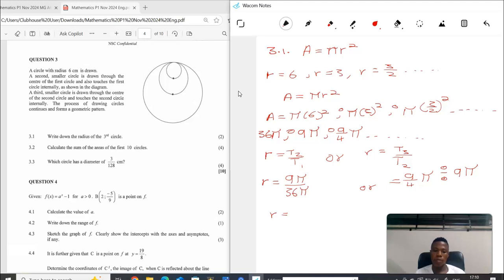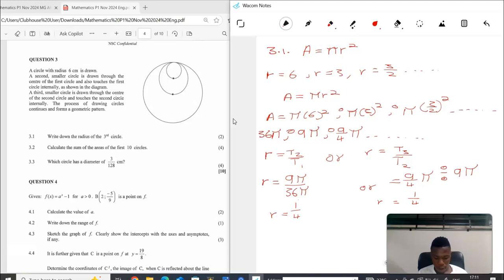Your r will be 1 over 4. Therefore, you go to the formula sheet and focus on the formulas for a geometric pattern.